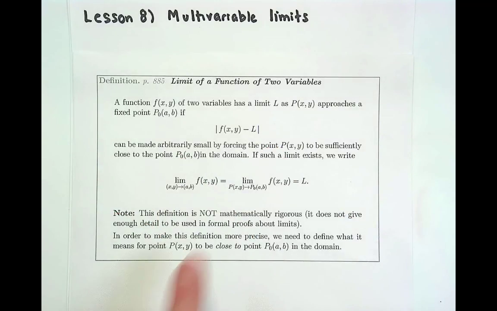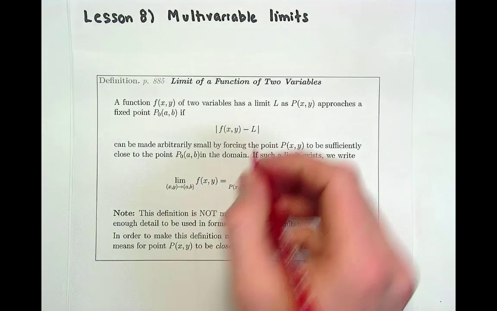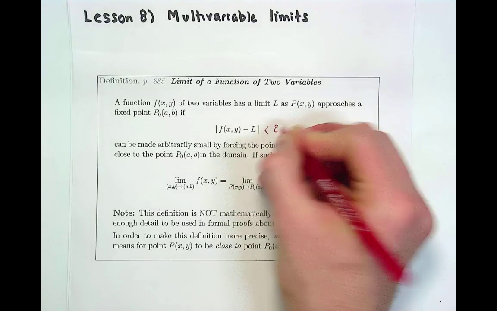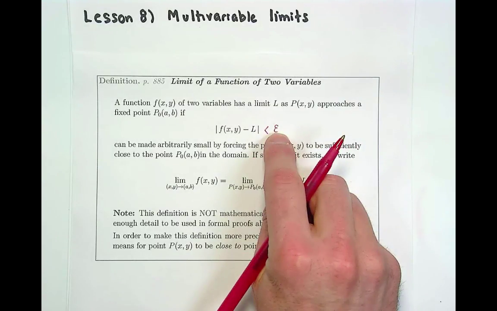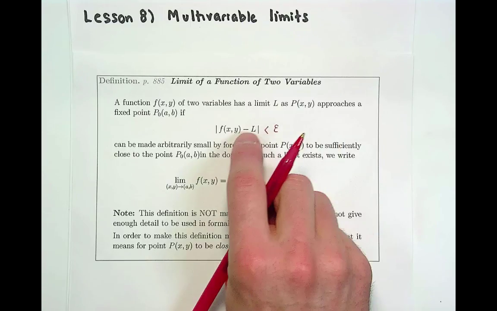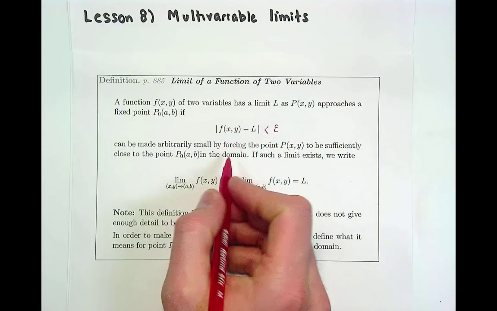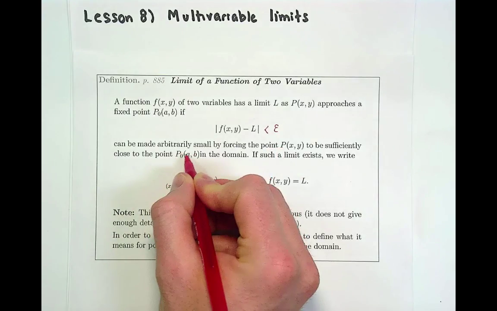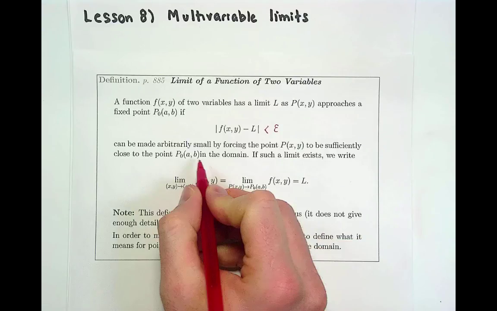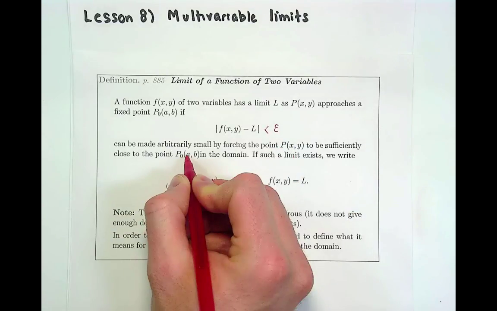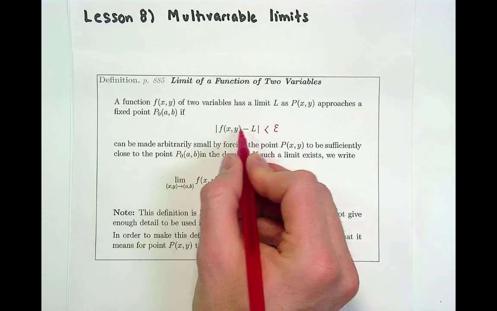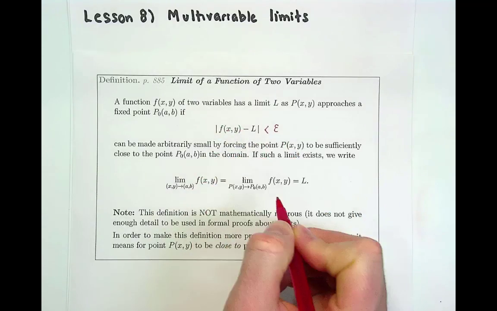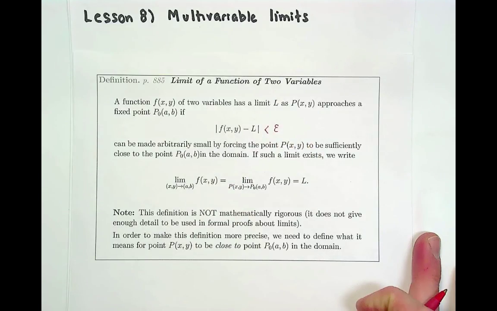In other words, if I give you any tolerance, any really small number, and associated with that small number, a distance away from L, I can find an appropriate distance away from our constant point a, comma b, such that as long as x, comma y is within some appropriate distance of a, b, then the output f of x, y will be within this tolerance of L. For any tolerance, we say this limit exists.